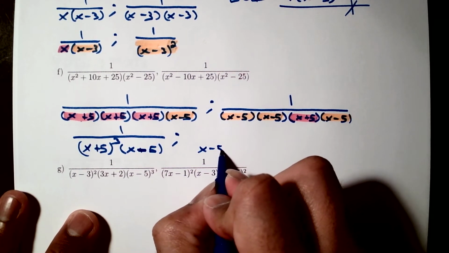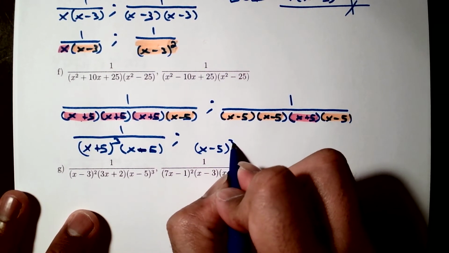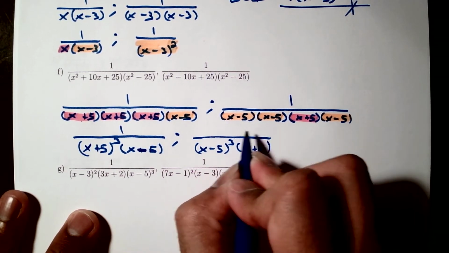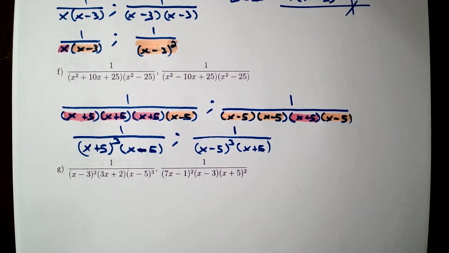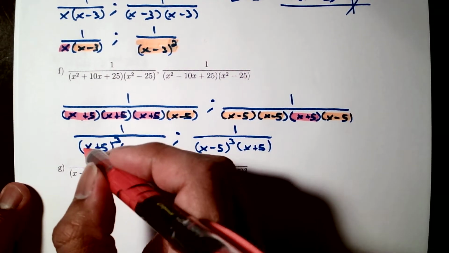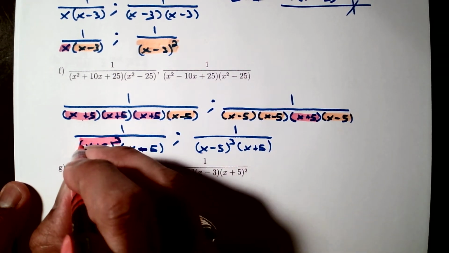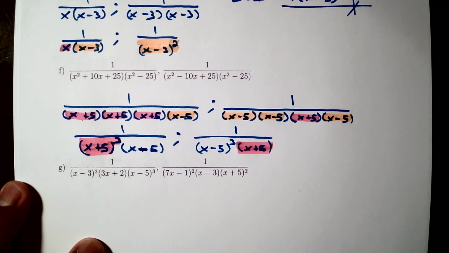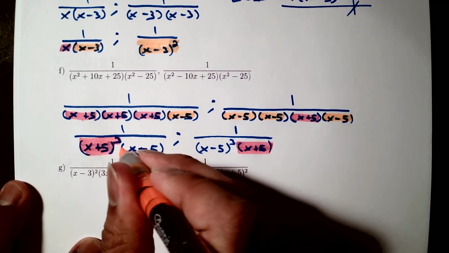That's x minus 5 quantity cubed times x plus 5. So let's highlight again using the same colors as we did. Pink for the x plus 5s and orange for the x minus 5s.